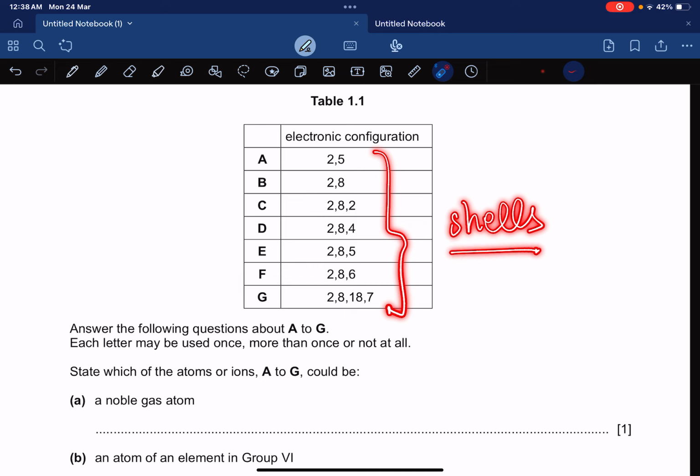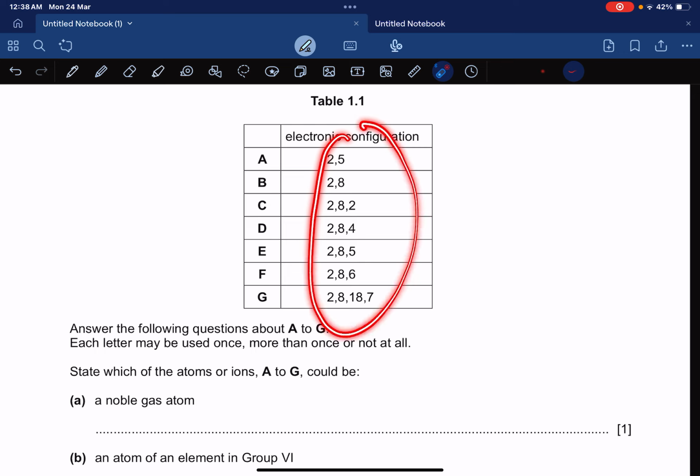First thing that the table is telling you. Second thing you can infer from the table is the number of electrons in the valence shell. This atom particularly, or ion, this cannot be an ion because it has 5 electrons in the valence shell.